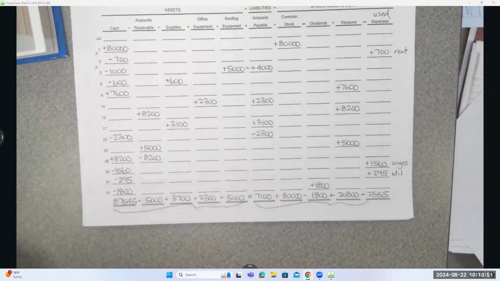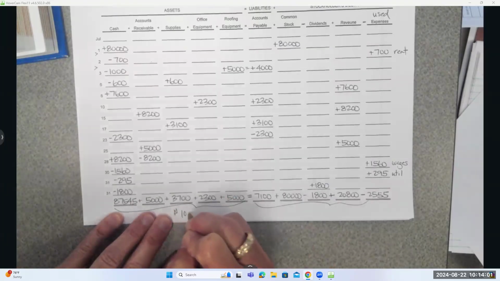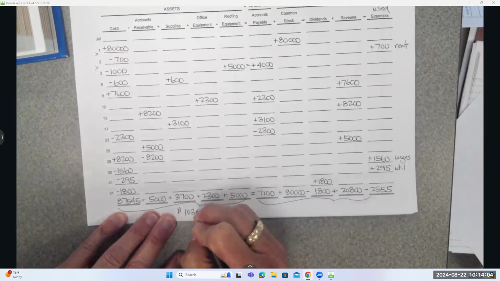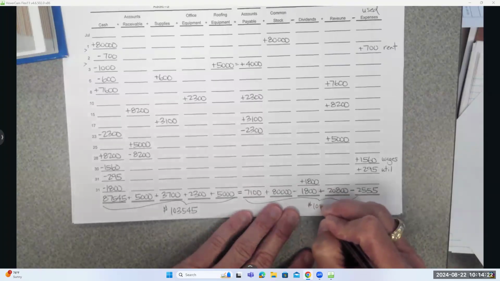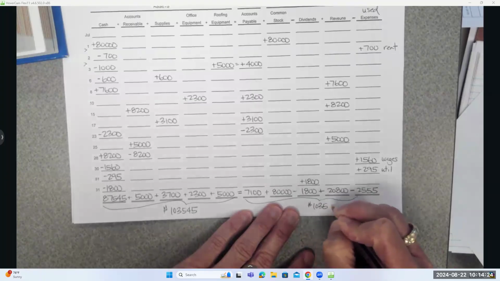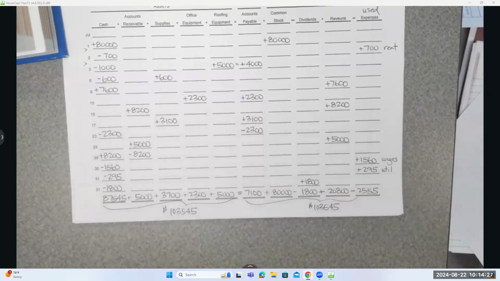So let's total up all of our assets. I get a total of 103,545 for the left side of the equal sign and $103,545 on the right.